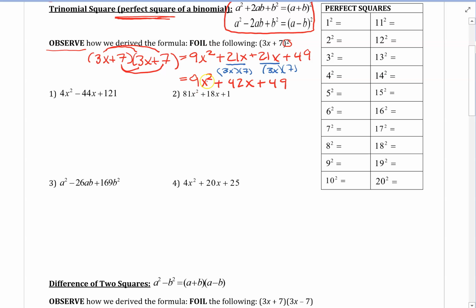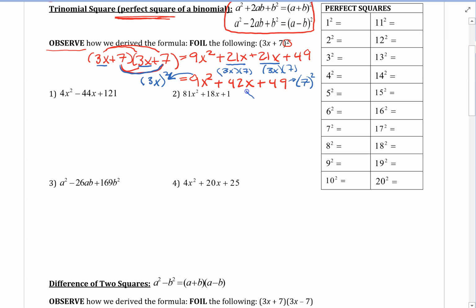So let's look at the 9x squared. The 9x squared was what we got when we multiplied 3x to itself, so essentially it's what you get when you square 3x. And then the 49 was what I got when I squared the 7. When I multiplied the 7 to itself, it became 49.